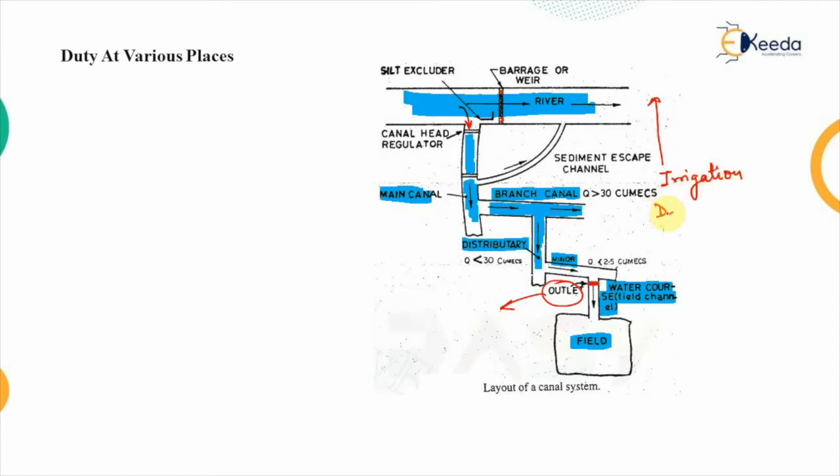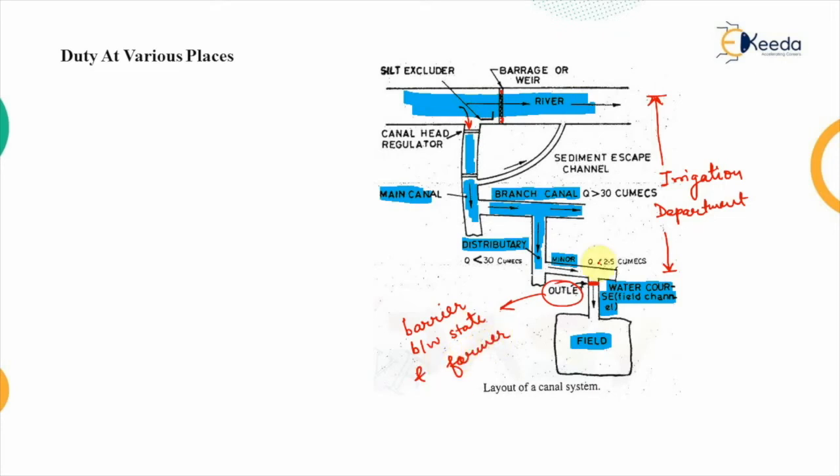That means till this point the responsibility and the accountability for the maintenance and the construction of these components lies with the irrigation department or with the respective governments. After this outlet point, it defines the barrier between the state and the farmer.